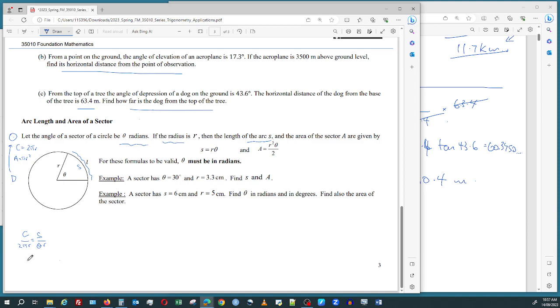So A is to pi r squared as the area of the sector is to r squared theta on 2.